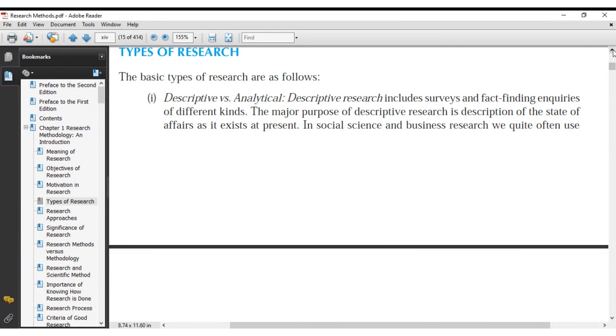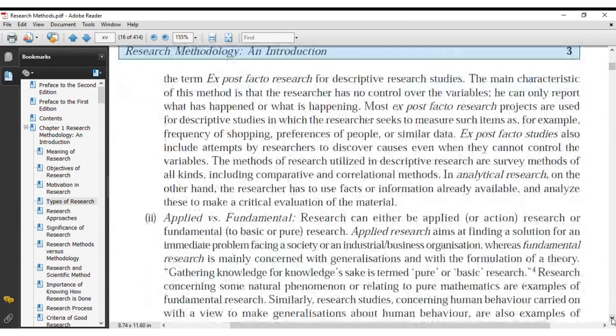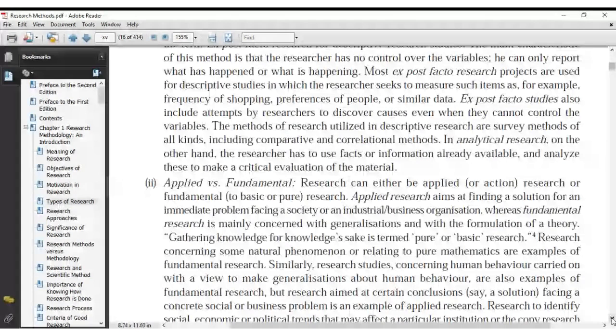Then analytical research. Analytical research is basically for studying the relationships that exist between different phenomena. So in analytical research, the researcher has to use facts or information already available and analyze this to make a critical evaluation of the phenomenon or topic of study. So analytical research, this is the difference.